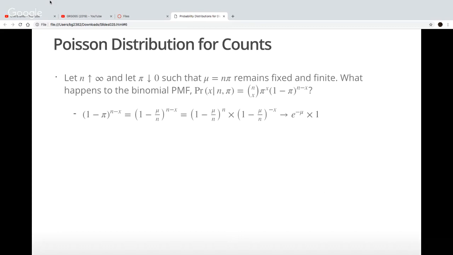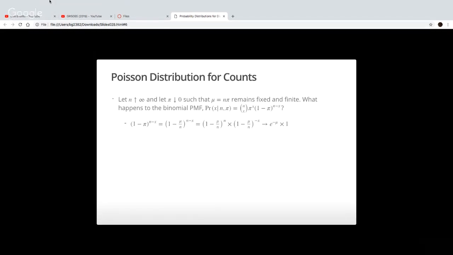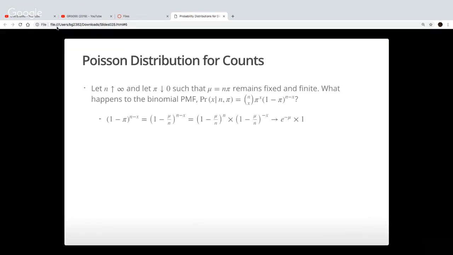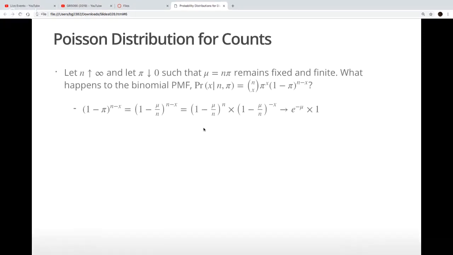And the only thing that's not hard, but you may not be aware of, is that (1 minus mu over n) raised to the power n, the limit of that as n goes to infinity, is one of the ways to define or characterize e to the negative mu.